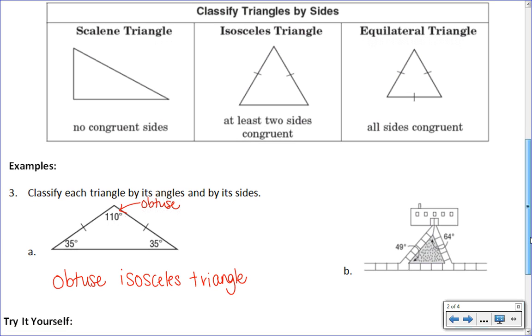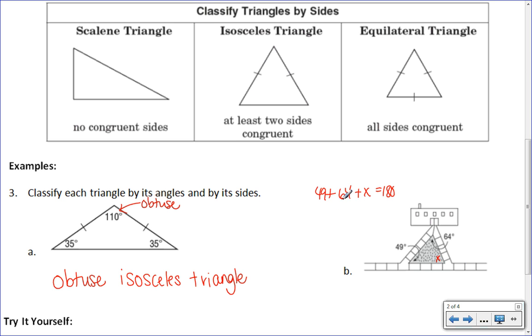Okay, let's look at B. Here we only have 2 angles marked and we're missing the third one. So before we can classify this, we want to make sure we know the measure of this angle. Well, we know that all 3 angles add up to 180 degrees. So let's call this one X for just a minute. And we know that 49 plus 64 plus X is equal to 180.